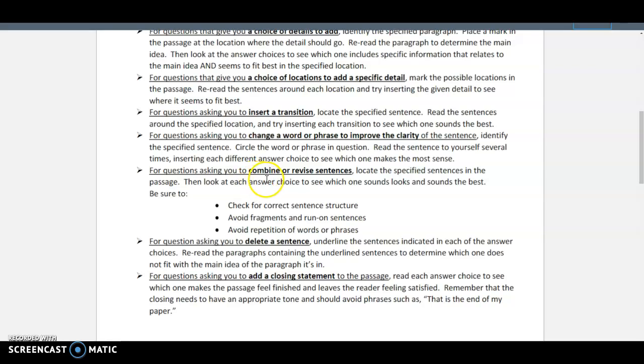If the question is asking you to combine or revise sentences, go to those sentences, look at your answer choices, and make sure you select the one that sounds the best and also looks the best. You want to avoid these things: run-on sentences, incomplete sentences, the repeating of words and phrases, and again, make sure the sentence structure is on point.